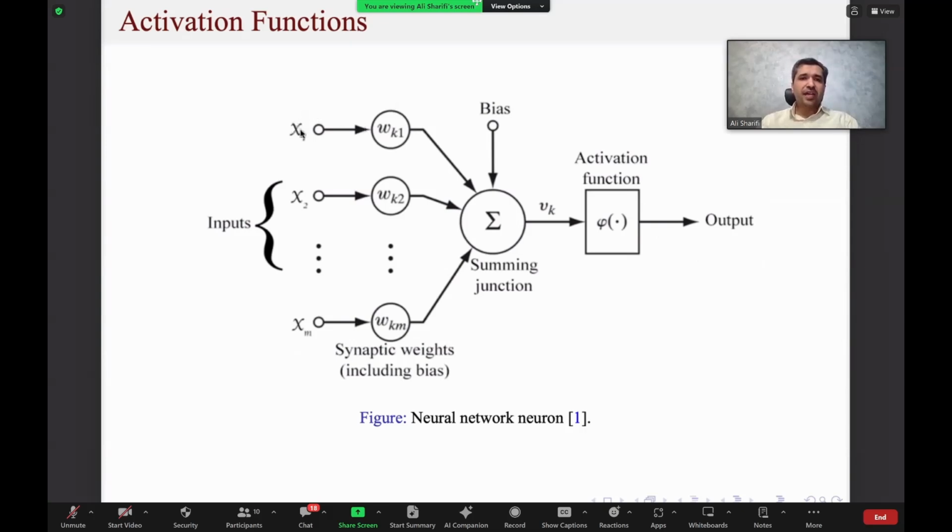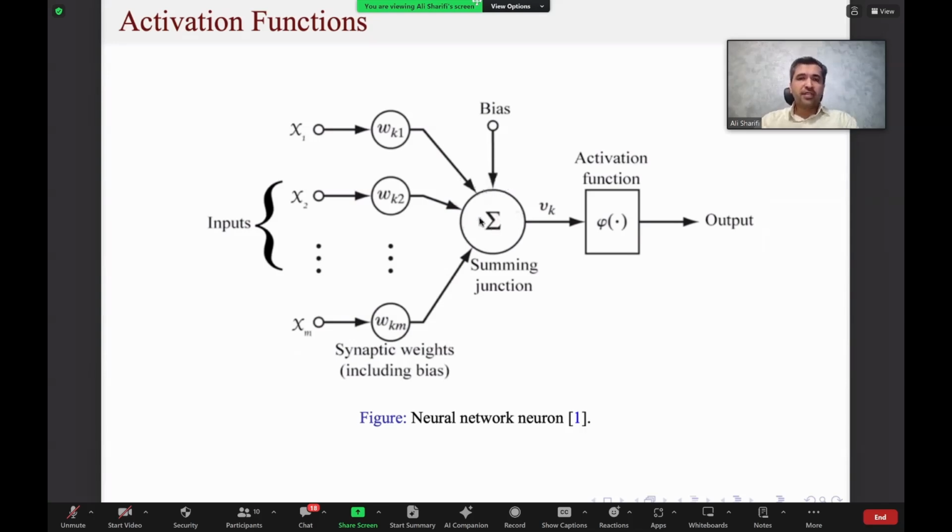So each parameter xi is multiplied by this weight, and they are summed together with a bias, which is very similar to the intercept in a line equation. So this bias is also a parameter. It could be assigned randomly initially, but during the machine learning process, this bias is also updated.